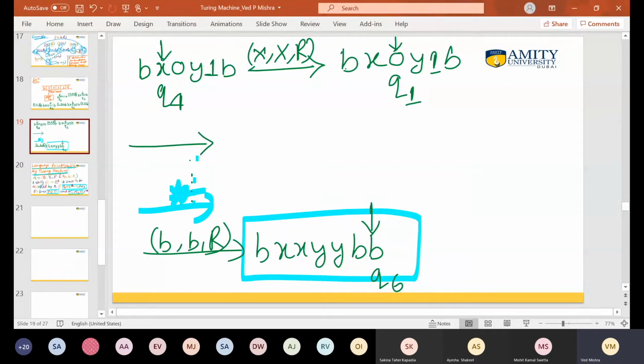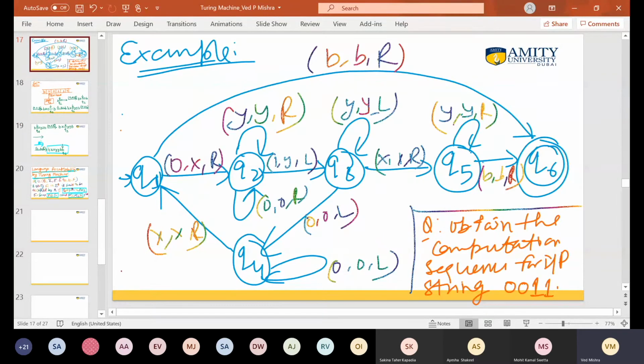Suppose that in place of Q6 you are getting something like Q3, and in this transition diagram Q6 is the final state, and suppose that you are halting at Q3. If you get Q3 with input 1, you will halt here or not? Check in this diagram. Yes, sir.